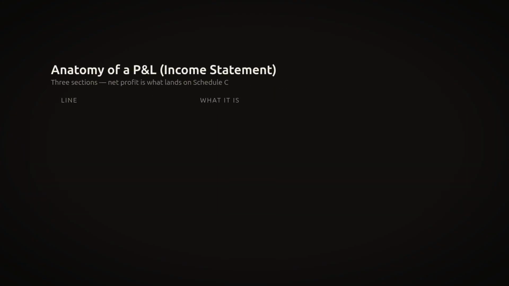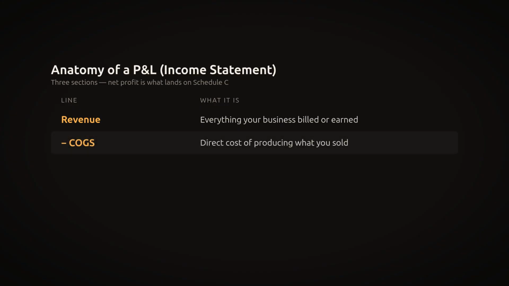A profit and loss statement, also called an income statement, has three sections. Revenue, the total of everything your business billed or earned during the period. Cost of goods sold, COGS, for businesses that sell products, the direct costs of producing what you sold. Gross profit, revenue minus COGS.